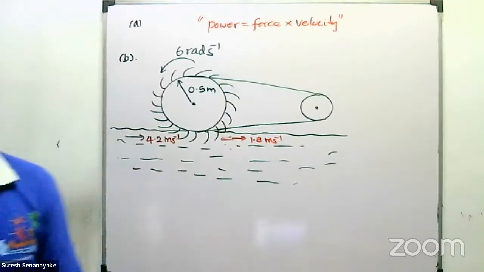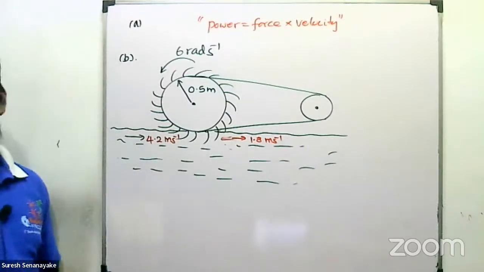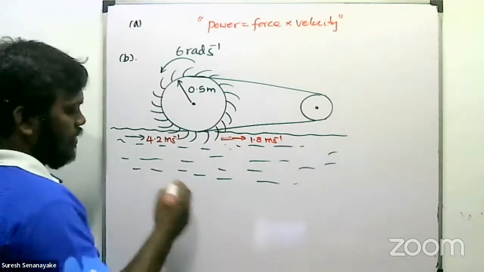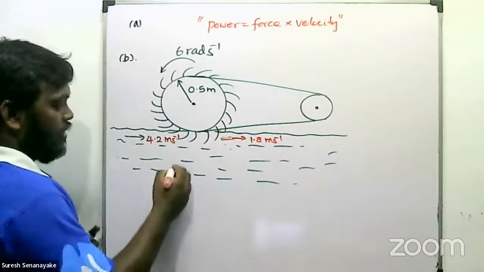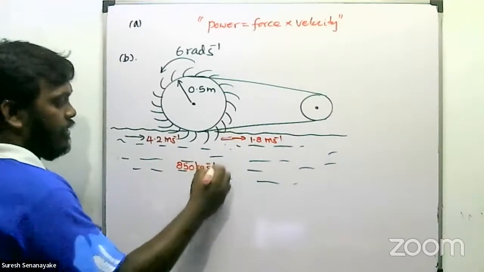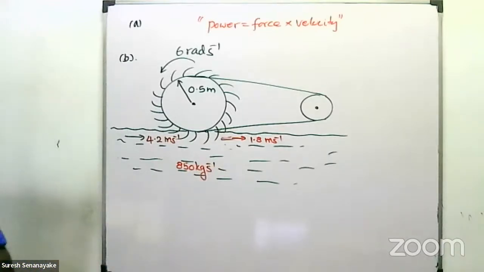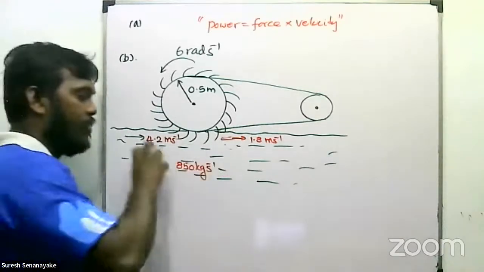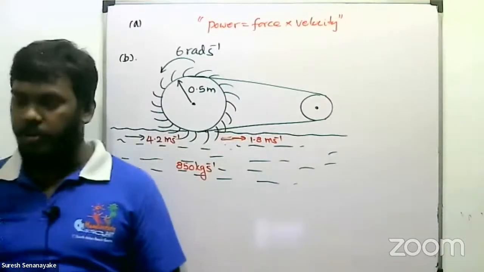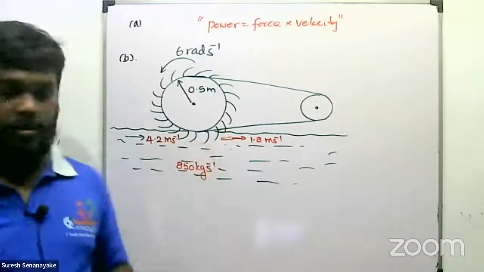The rate of water flow is 850 kilograms per second. This much water is flowing there per second. 850 kilograms are flowing through it.